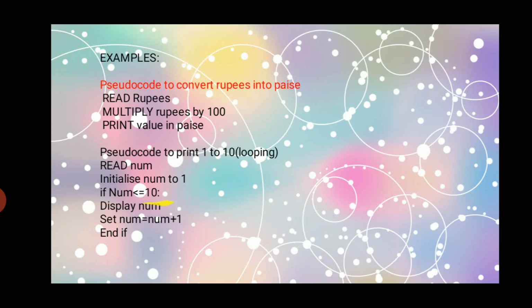Then see here, the condition which we were using in the decision box, right? If num is less than or equal to 10, we are using both here, less than and equal to. That means if the value of num is equal to 10, it still checks that condition, and yes, num is equal to 10, then it will add 1 to the 10, that means 10 plus 1, 11.